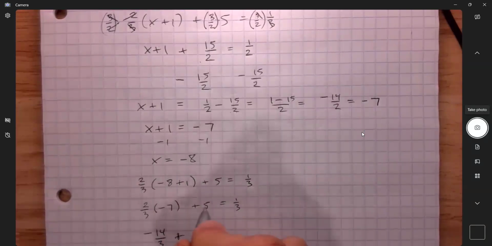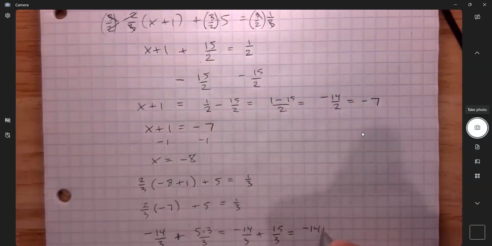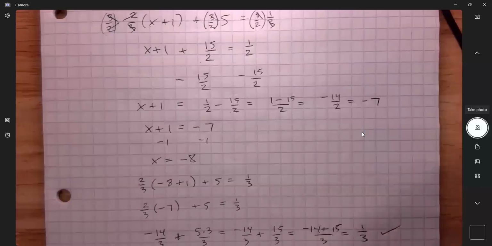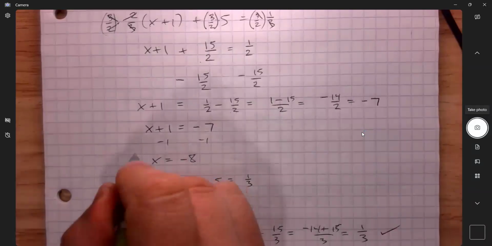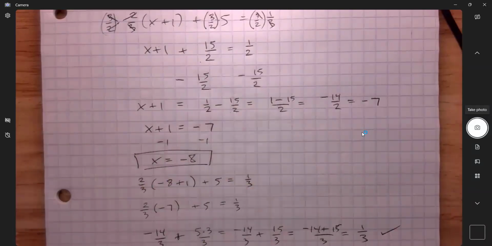If I want to add it to this fraction, the 5 has to turn into something over 3. So I'm going to do 5 times 3 over 3, which is negative 14 thirds plus 15 thirds. Same denominator, which means I can add the numerators, and I get 1/3, and that's exactly what I was looking for. So this answer is correct.